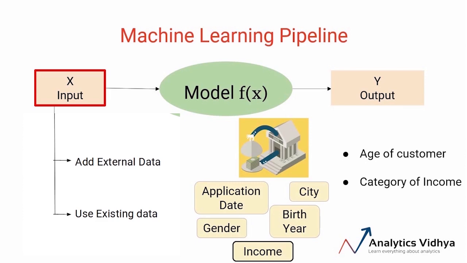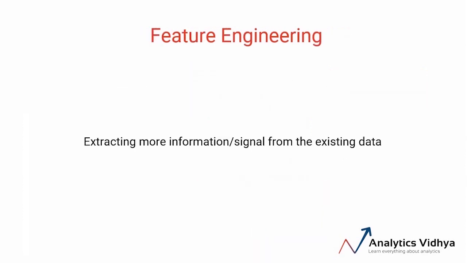Let's now put a formal definition to feature engineering. Feature engineering is the science of extracting more information from existing data. We're not adding any new data here, but we're actually making the data we already have more useful with respect to the problem at hand. I've said that with respect to problem at hand, so having a fair knowledge of the domain will always help us to build better features.